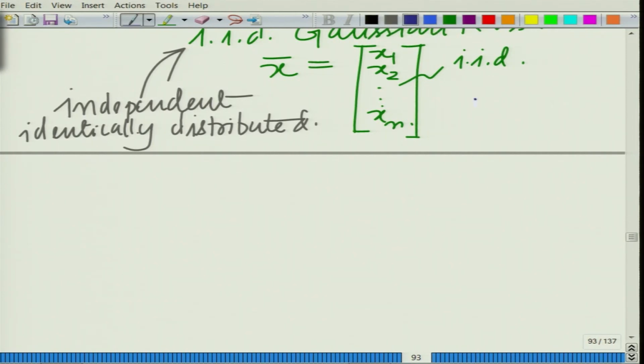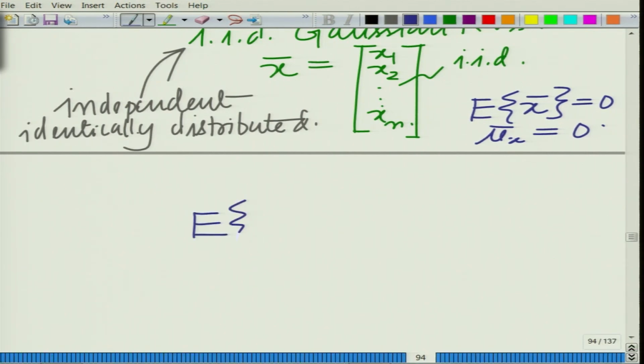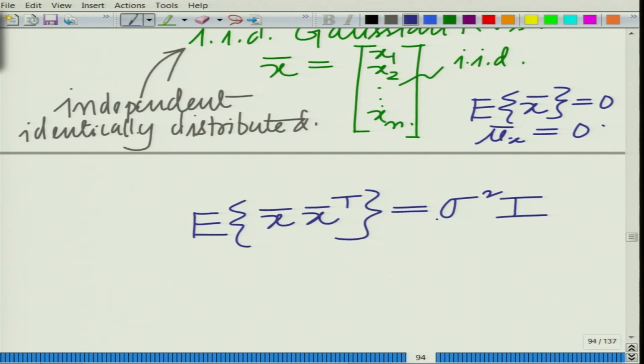And let us also consider the mean to be 0, mu x bar equal to 0, expected value of x bar equal to 0. If you look at the covariance matrix, that is expected value of x bar x bar transpose, this is proportional to identity, sigma square times identity, where sigma square is nothing but expected value of xi square.